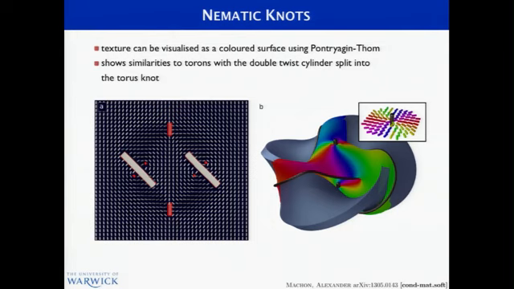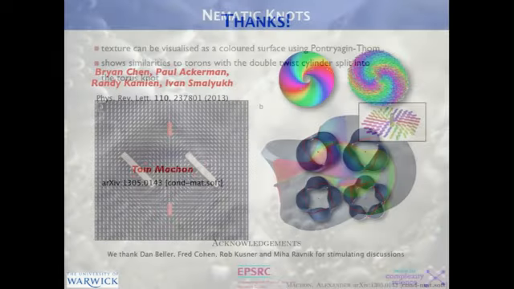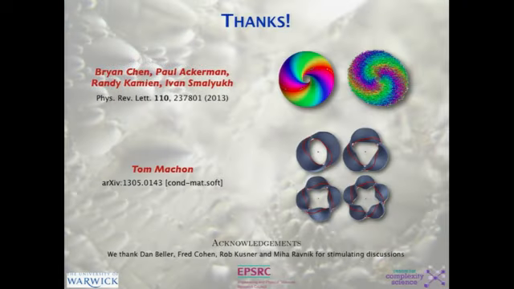We heard about this from Maurice this morning, that if you try to make a strength 1 defect in a liquid crystal, it can escape. You can think of the double twist cylinder as that escaped line. And if you split the escaped strength 1 into 2 strength 1/2 lines and wrap them around a particle, then they generate this trefoil knot. So you can think of the global texture in these things as being much the same as what's going on in torons. And with that, I'll put up my acknowledgement slide, and thank you for your attention.